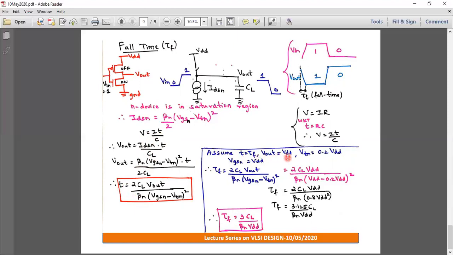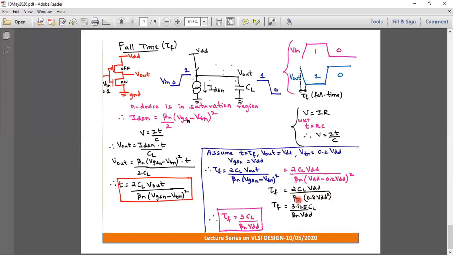V out is VDD, and VTN, the threshold for NMOS, is positive, so 0.2 VDD. VGSN: the gate of NMOS is connected to logic 1, that is VDD. The source of NMOS is connected to 0, so VGSN is VDD. Substituting VGSN and simplifying, we get tau f, the fall time, equals 2 CL VDD divided by beta N into 0.8 VDD square.